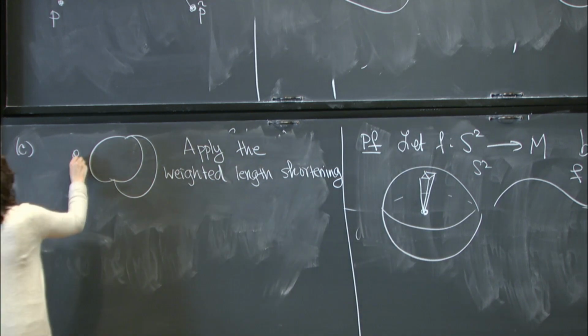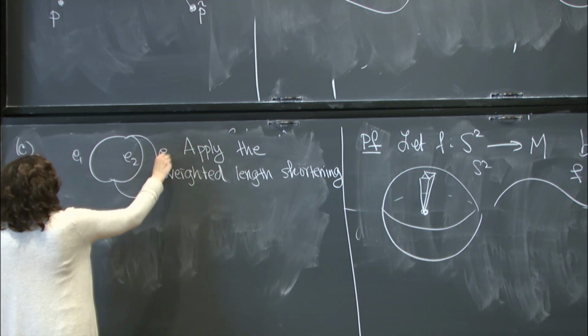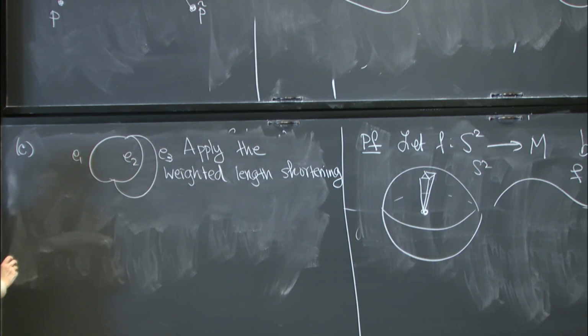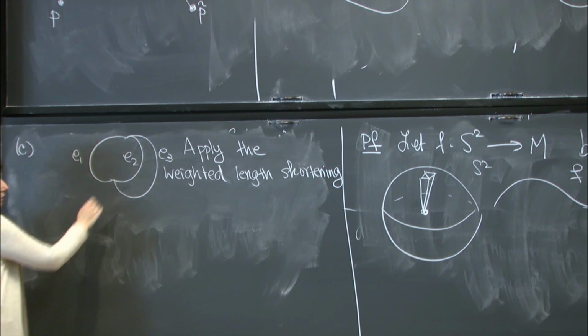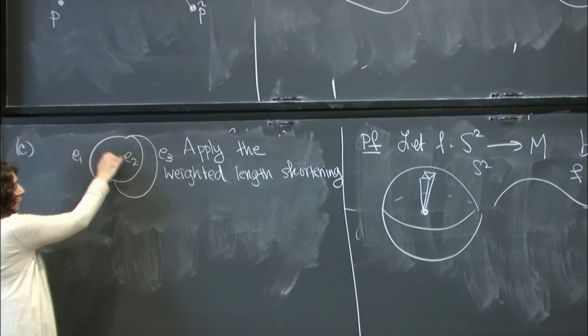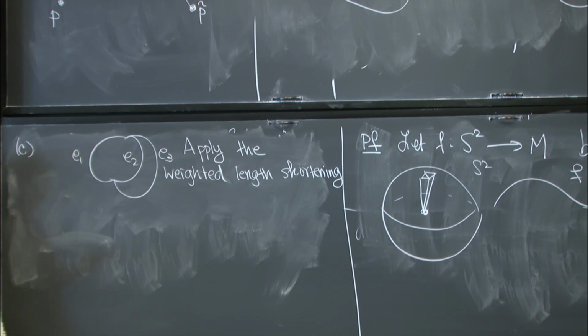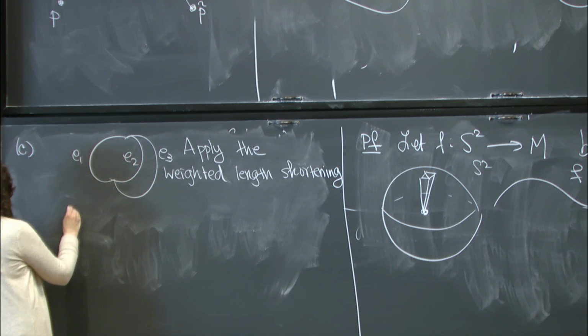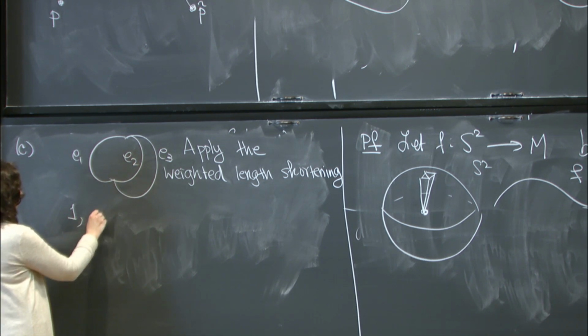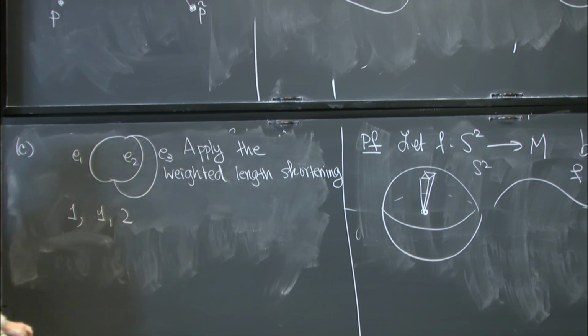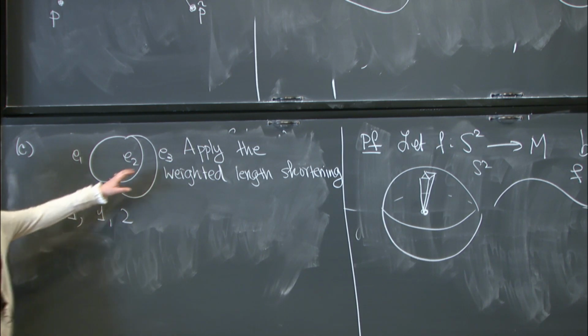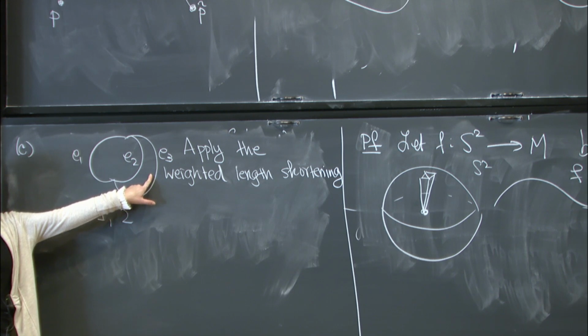So I have here edges E1, E2, E3, and what I will try to do now is not shorten the length of E1 plus the length of E2 plus the length of E3, but rather shorten the length of E1 plus E2 plus twice E3. So the weights are going to be 1, 1, and 2. That is the same as considering this edge with multiplicity 2.